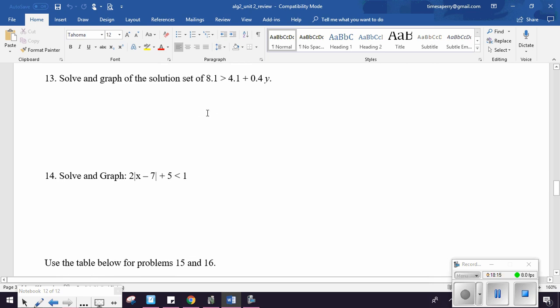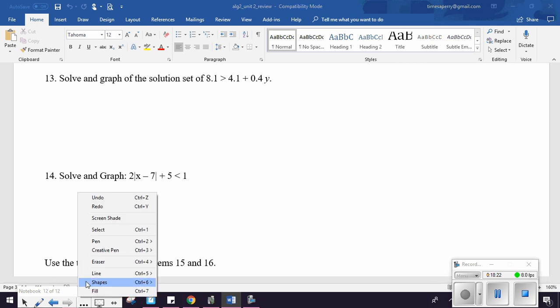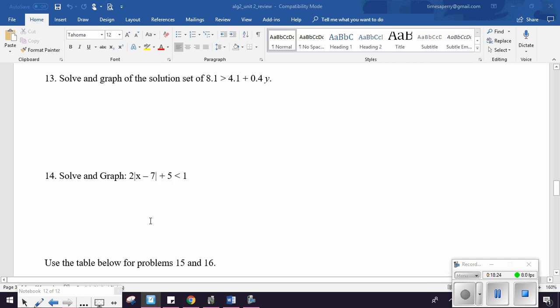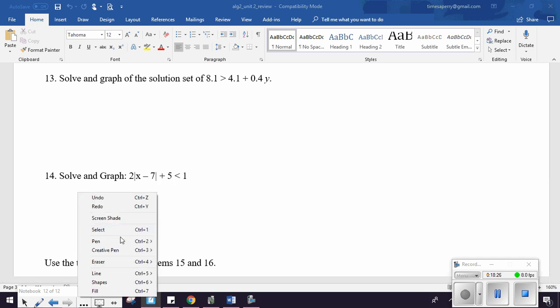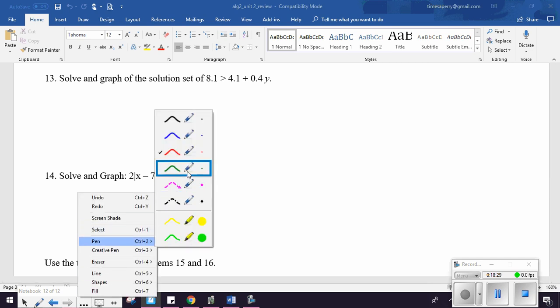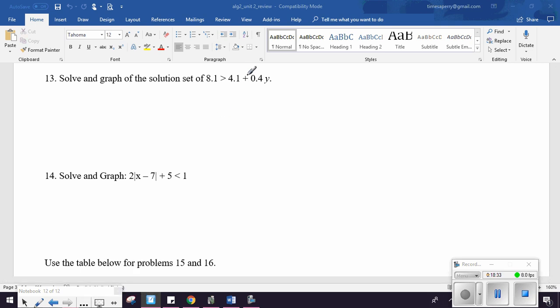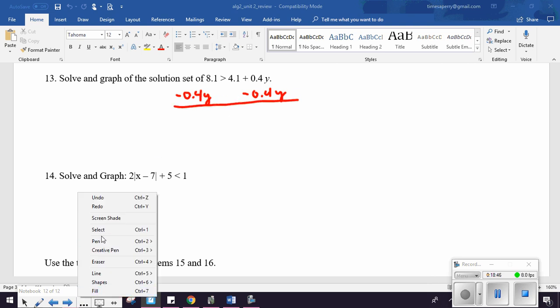All right, we have another inequality. So when we're solving just a basic inequality, let's make our goal to get the variable to the left. So in this case, our variable is 0.4y. We're going to subtract 0.4y. Trying to get the variable on the left.